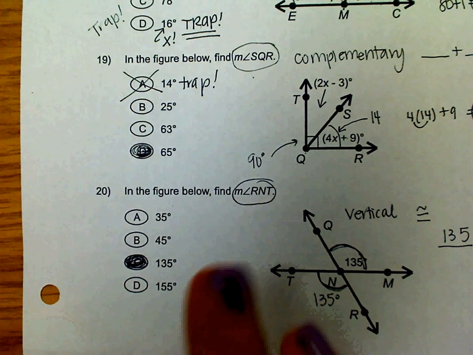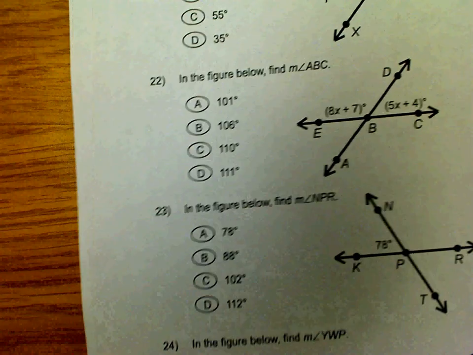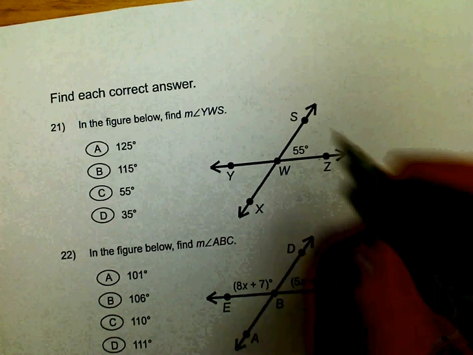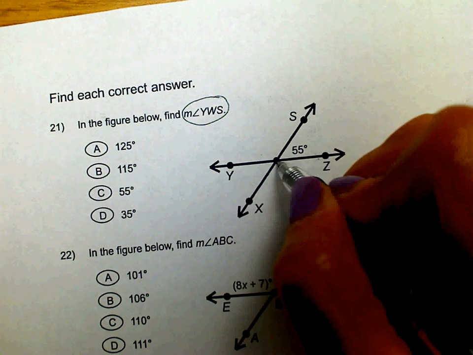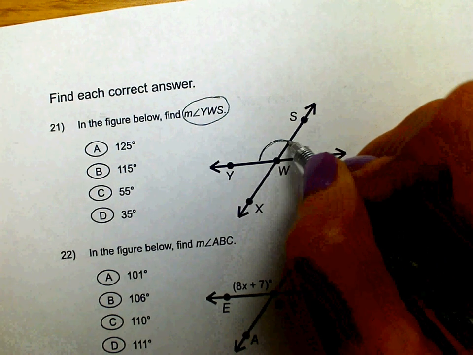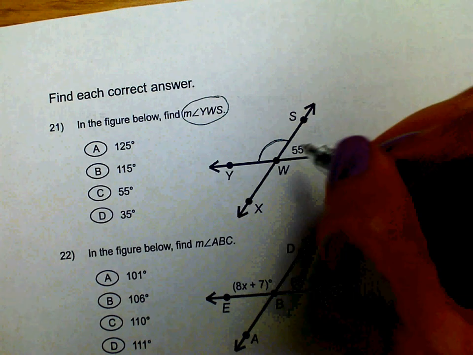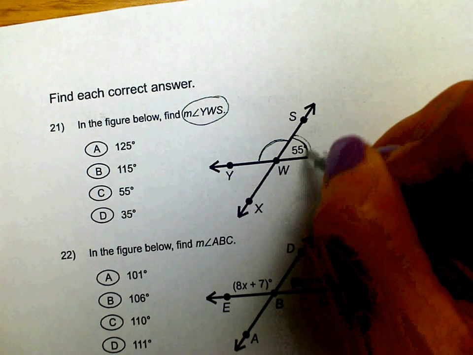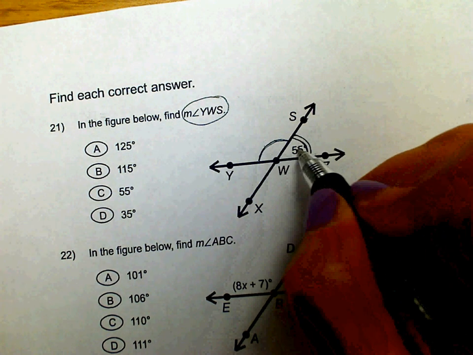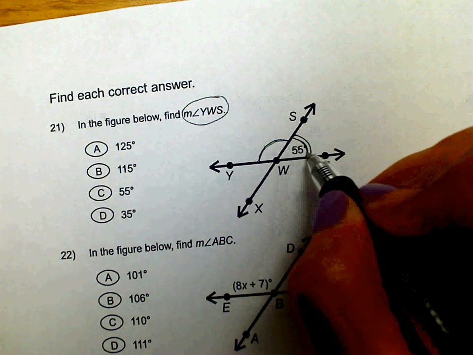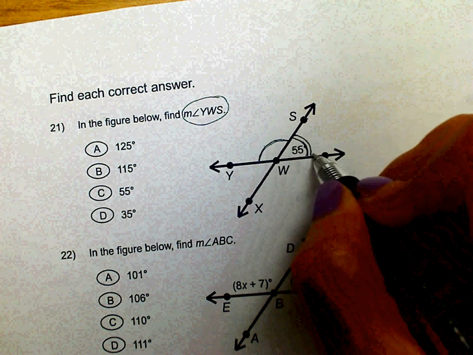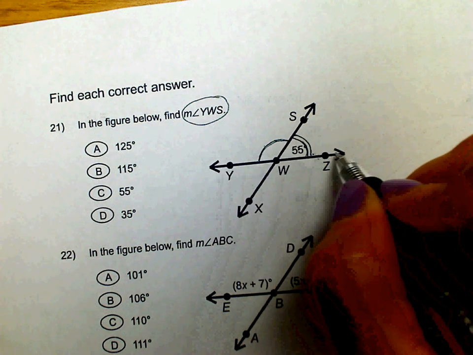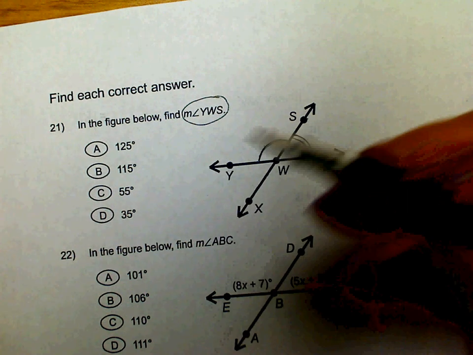Moving on, 21. All right, so this one's asking you to find the measure of angle YWS, this angle right here. Well, what is given to us? What else do we know? We know this angle, and the reason I'm using double here is because these are not the same. If these were the same measure, then I would put the same single. But together I see that they are adjacent and their opposite sides form a line. So this is a linear pair.